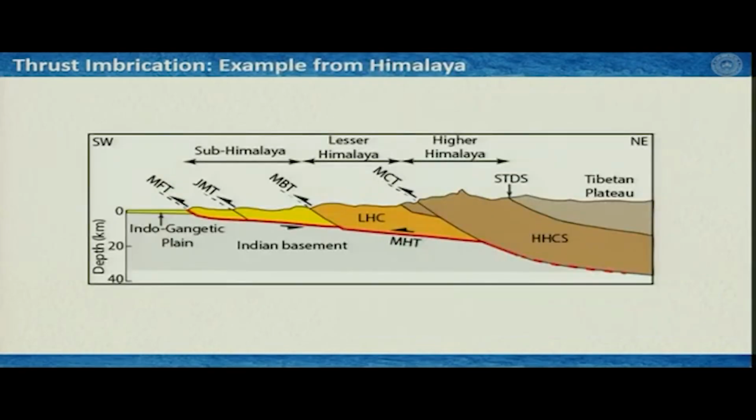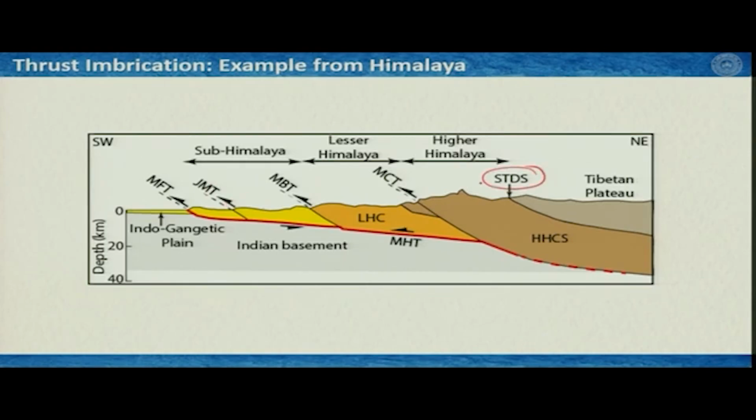As an example, you can think about the faults in the Himalaya, where we have a series of thrust faults starting from the north. We have STD, MCT, MBT, and in this case JMT and MFT. Now from your stratigraphy or tectonics lecture, you may have learned that MFT is the youngest fault and STD is the oldest one.